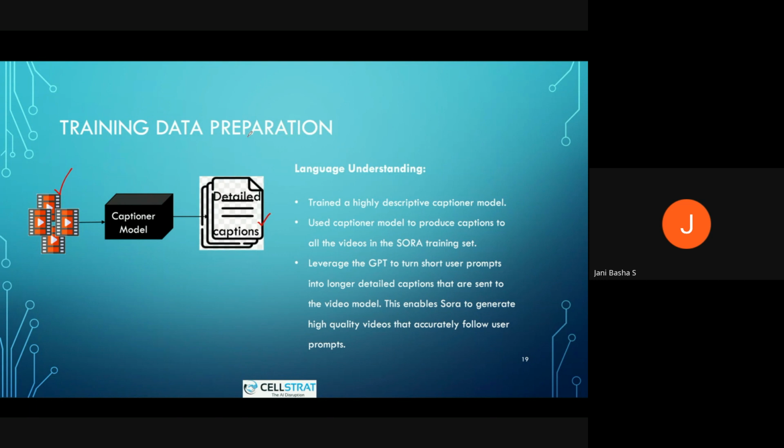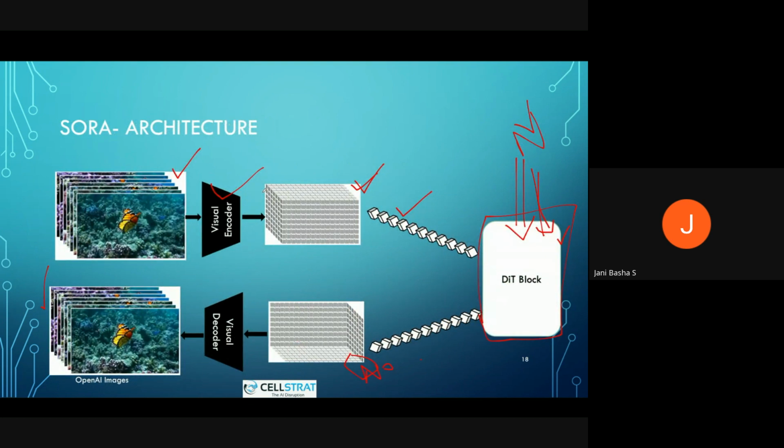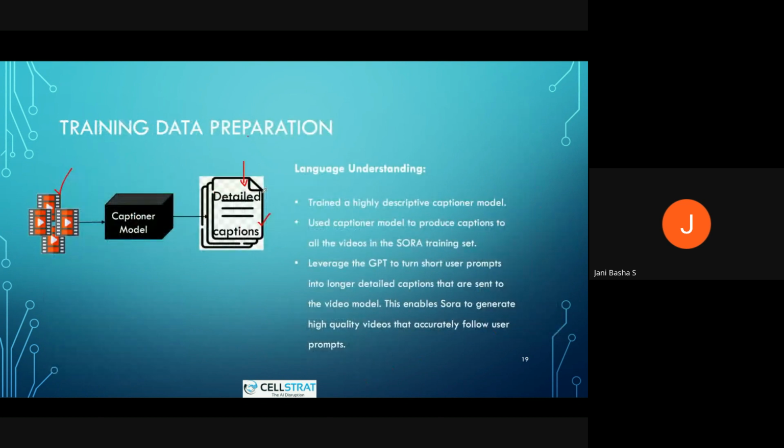The same thing needs to be done for videos. But it is practically impossible for humans to sit and write textual captions for each video, and they must be very clear and detailed. They should even explain the background: if there are people walking in the background, or street lights, everything should be clearly mentioned, so that our Sora model also learns those detailed things and can generate more detailed video, as we have seen in some example videos where fine details were captured. In order to do that, we must have the training data as is.